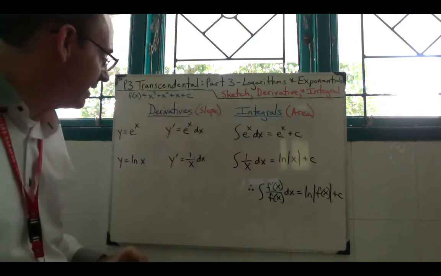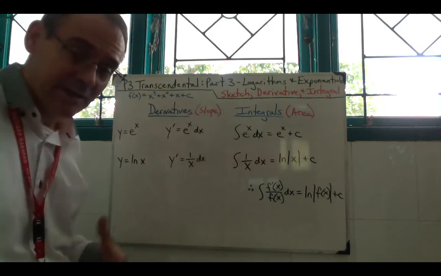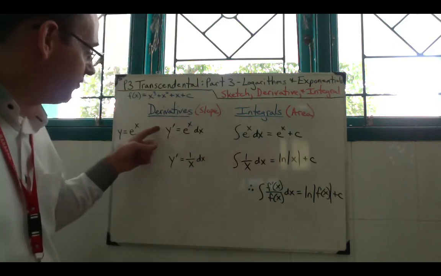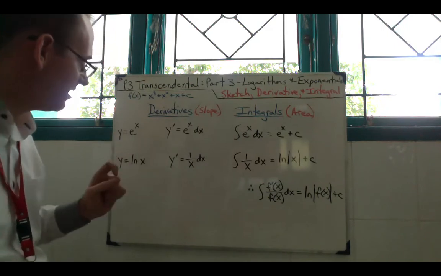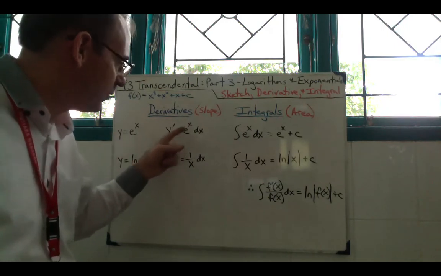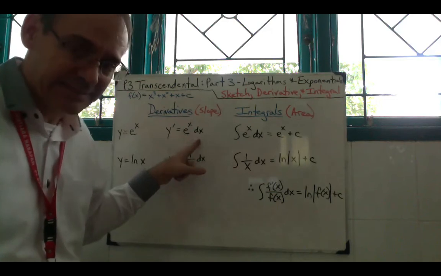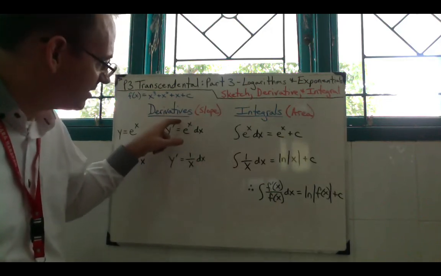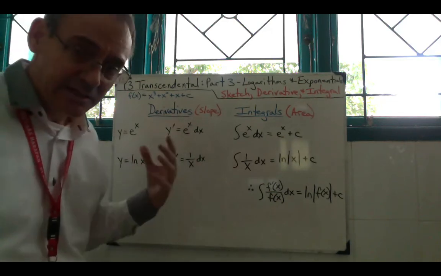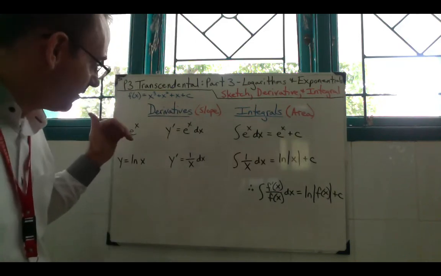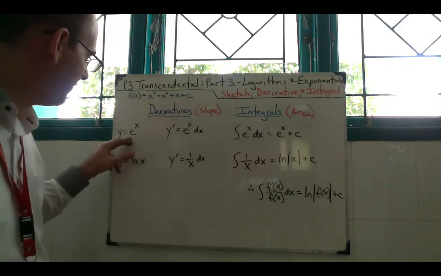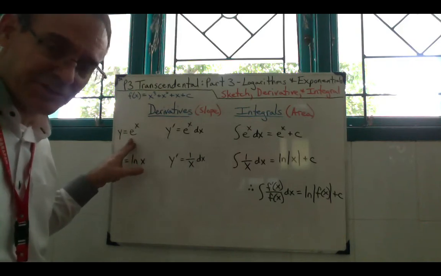On the right-hand side, we're showing the differential. So the derivative of y in this equation, y equals e to the x, is also e to the x dx. The dx means you have to take the derivative of the exponent, whatever that happens to be.